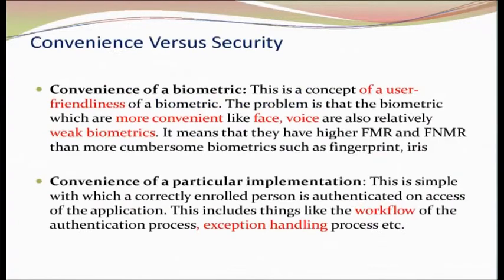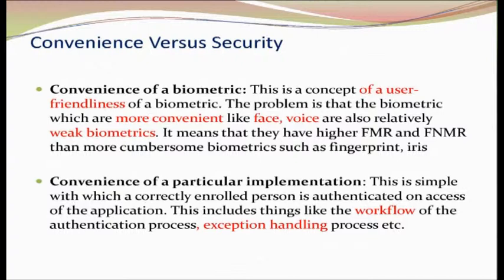Now, can I draw this statement? The convenience of the biometrics is nothing but the user friendliness. How friendly it is with the user, how easily I am allowing everybody to enter into the system.